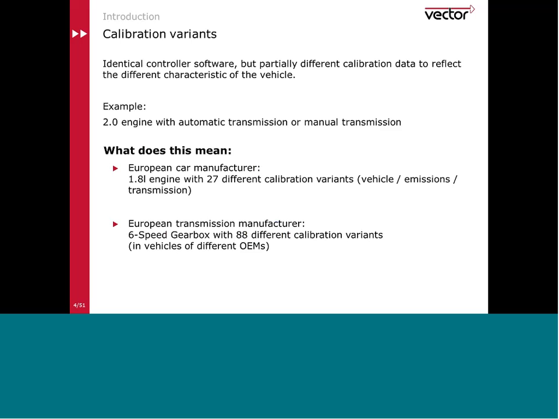A European transmission manufacturer's 6-speed gearbox has 88 different calibration variants because the gearbox is used in many different OEM vehicles all over the world. And finally, a chassis manufacturer provides a park assist system, and he has to deal with 1,200 different calibration variants.